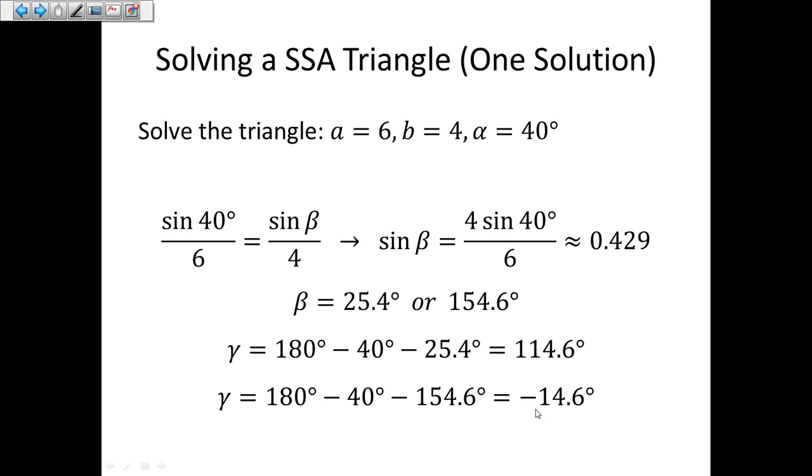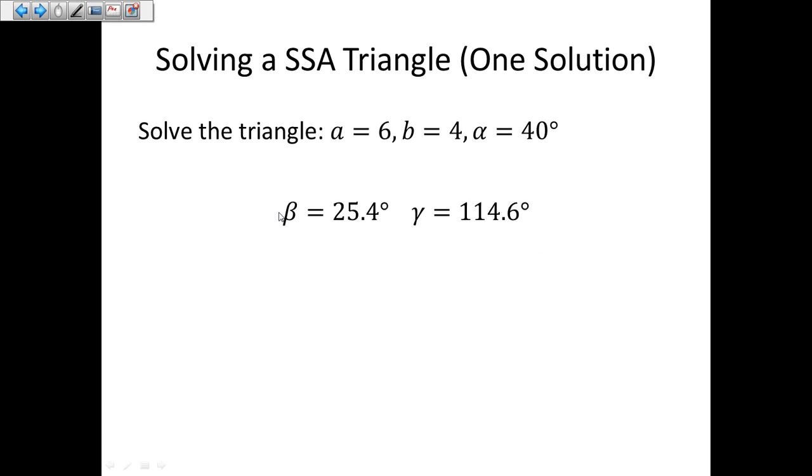I can't have a negative angle in a triangle. So whenever you see a negative angle in a triangle, that's not possible. So that's why there's only one triangle possible with this side-side-angle triangle. Whenever something funky happens, basically you throw that possibility out.